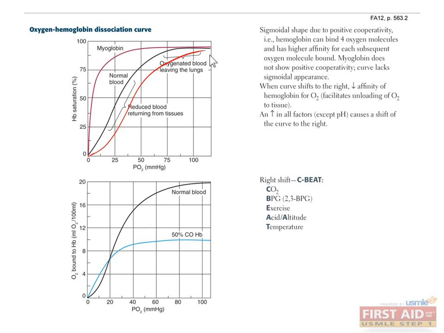So there are a number of factors that will shift the curve to the right. The mnemonic to keep in mind is CBEAT, where you have CO2, 2,3-biphosphoglycerate, exercise, altitude, acid, and temperature. If you think about it, what do all these factors have in common?